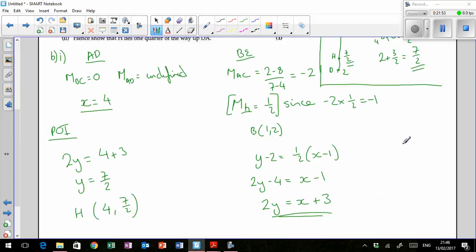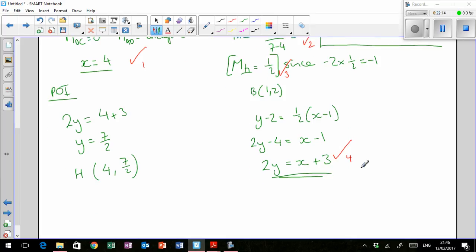For B, you're going to get a mark for x equals 4, just for that equation. You're going to get a second mark for your altitude BE for the gradient being -2, a third mark for then the gradient being 1/2, and a fourth mark for the equation of your line, whether it's in this form or with halves.